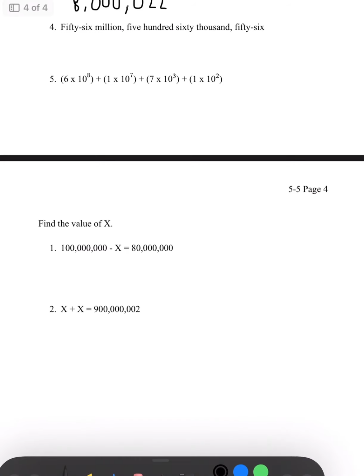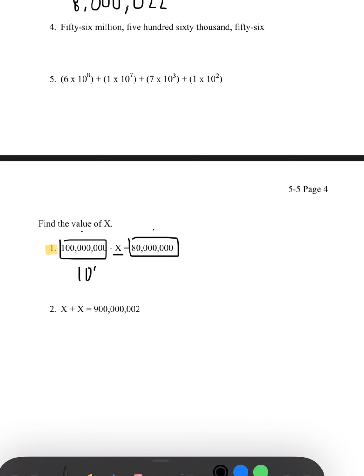Lastly, we have find the value of x. We're going to go with number 1. And the x here is right here. How to find this is we have one of the numbers and then we have the answer. All we need to do to find the x is get this and subtract it by the answer.